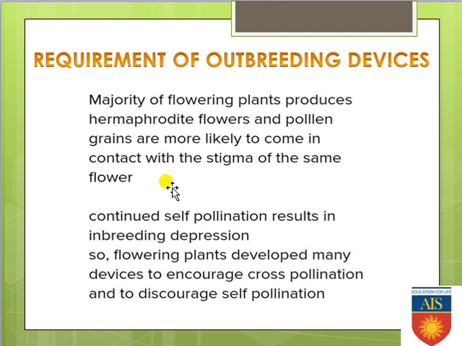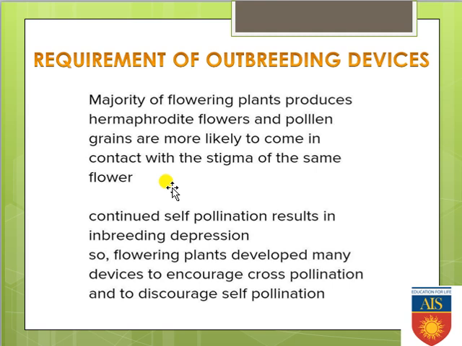So for that reason, flowering plants develop many kinds of devices to encourage cross-pollination and to discourage self-pollination. To resist inbreeding depression, the flowering plants have developed many devices, or we also help those plants to encourage cross-pollination, so that various features can arise in the next generation of plants instead of the same features.